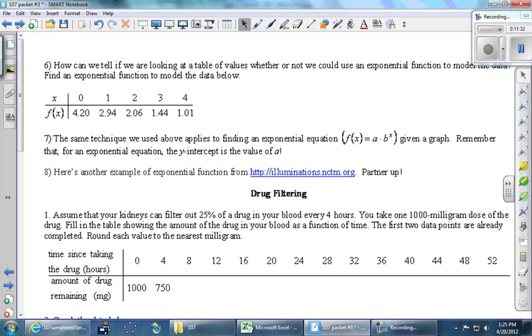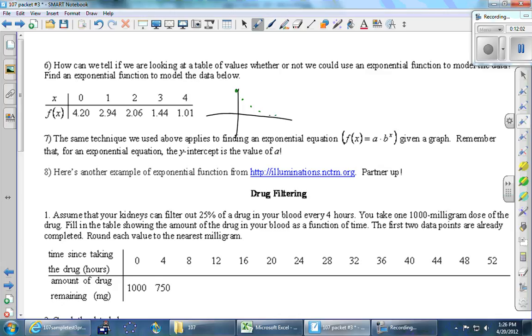Let's take a look at number 6. Okay, so there's a table of values, like a bunch of points. You could plot them. I'll do it very roughly over here. 0 and 4, 1 and 3, 2 and 2, 3 and 1, 4 and 1, something like that.